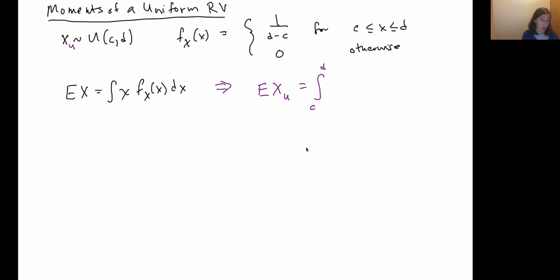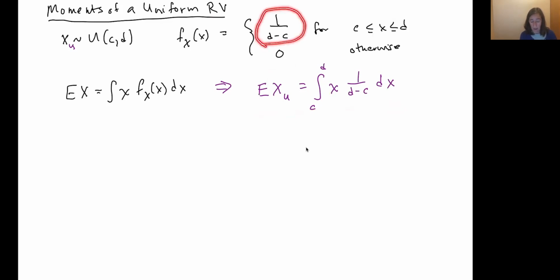So there's nothing under the curve when the curve is sitting there on 0. Of x times 1 over d minus c dx. So all the information from the PDF I've now put in my equation for the expected value.